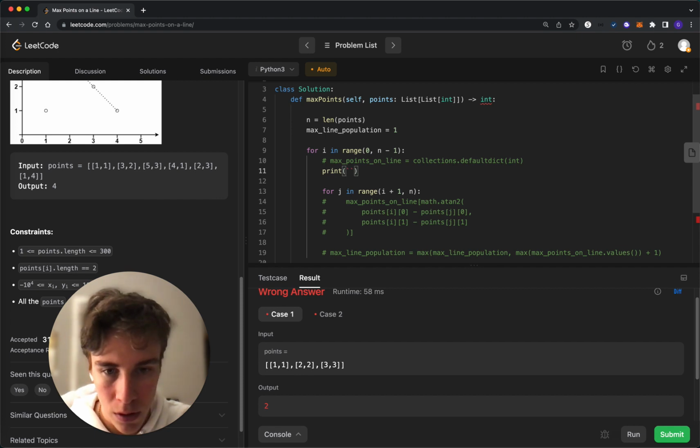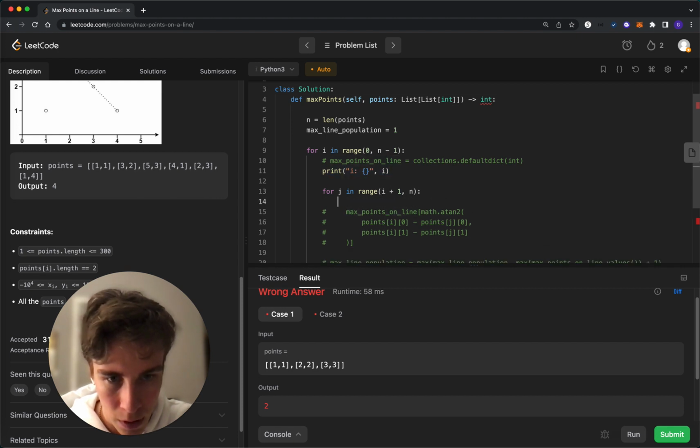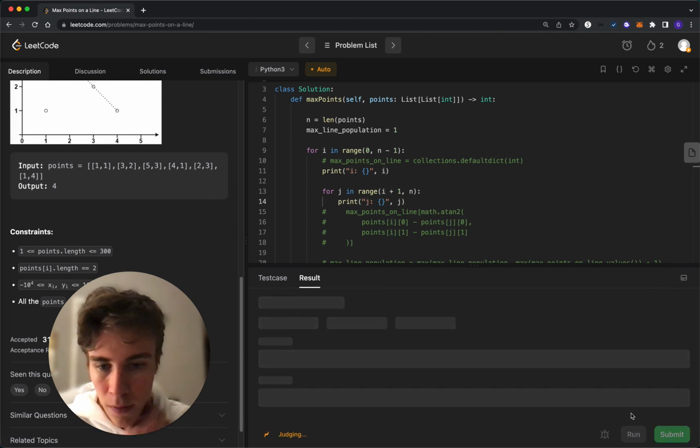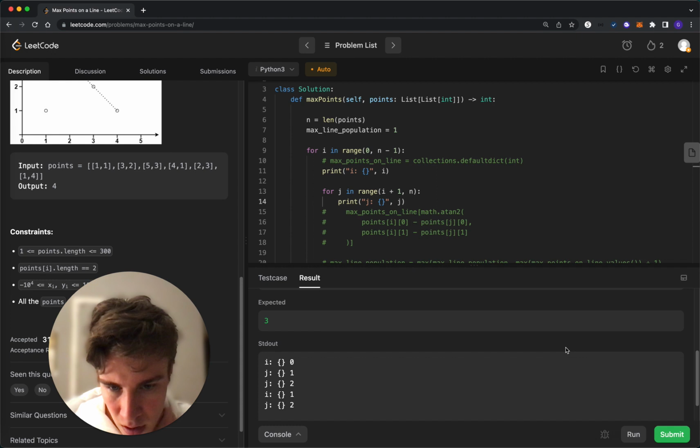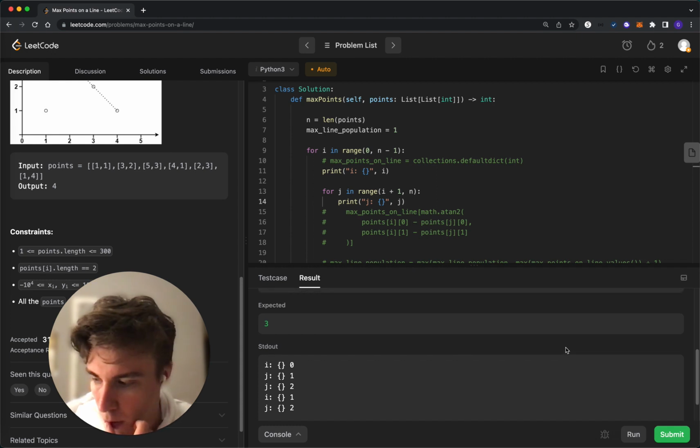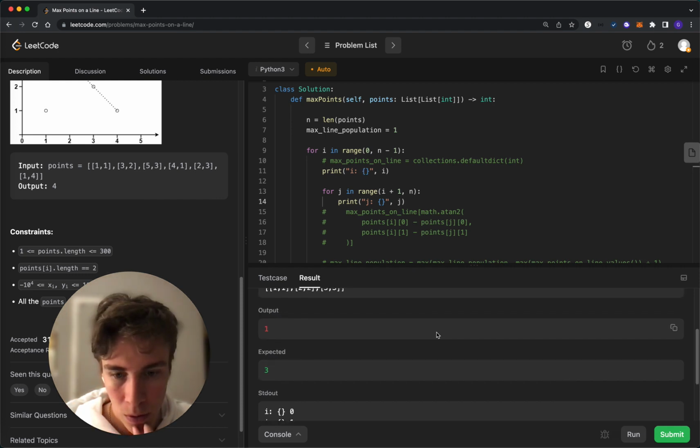How does Python do formatted strings? Okay, same thing for j: 0, 1, 2, 1, 2. Okay, that's all good.